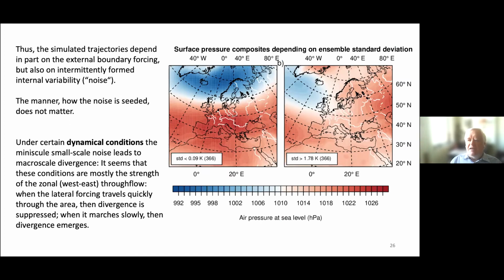When we ask, can we estimate when this happens? Then we found that if we build a composite for those cases when the standard deviation is particularly low or particularly large, right side, then we see that if the standard deviation is low, we have a pretty well-established zonal flow throughout the entire area.